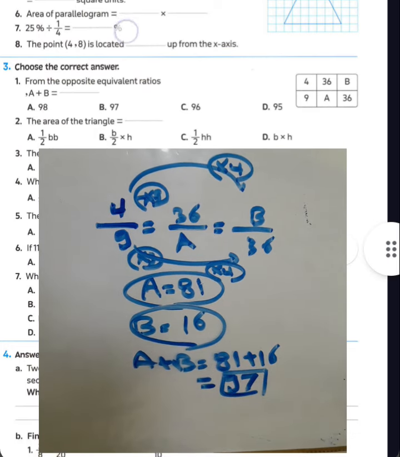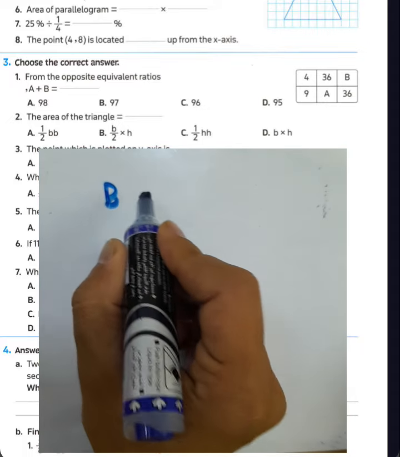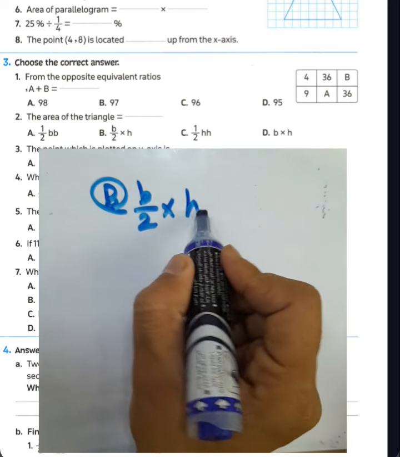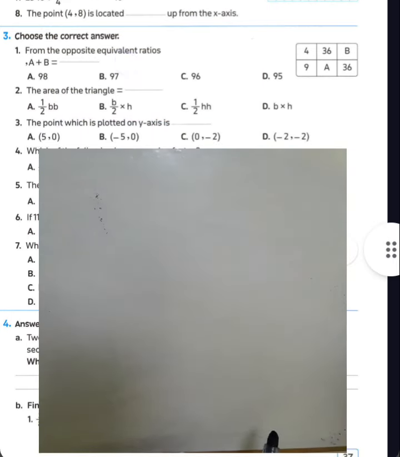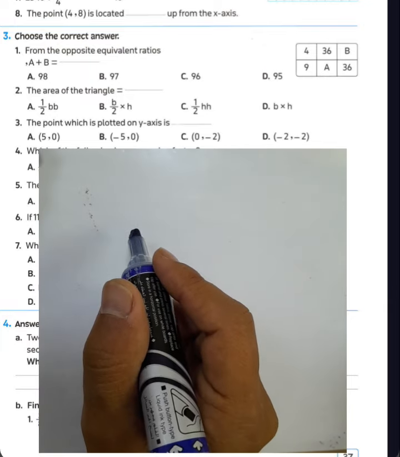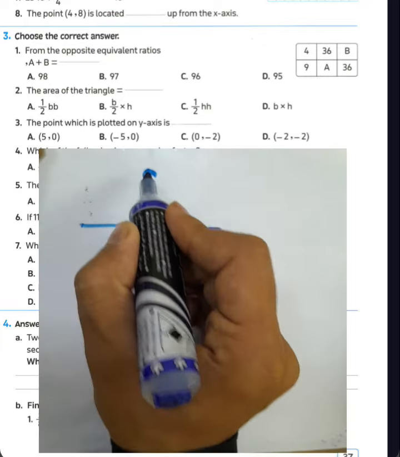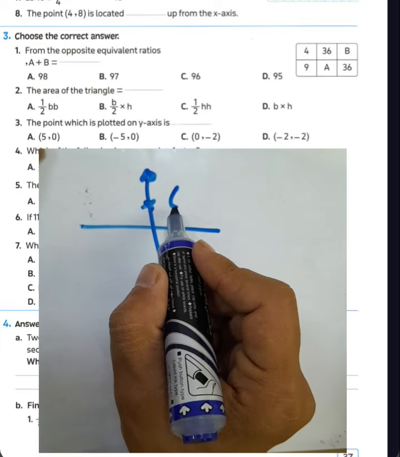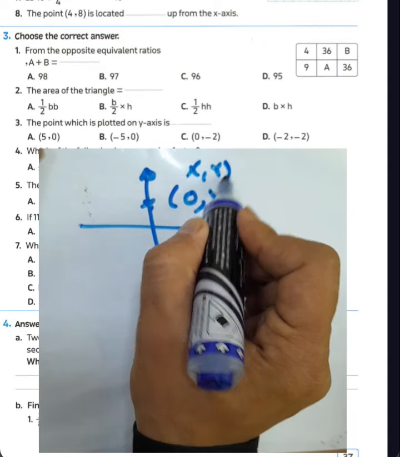Question number 2. The area of a triangle is half times base times height. Choose letter B: base divided by 2 times height. Question number 3. The point plotted on the y-axis. Any point located here or plotted on the y-axis will have 0 and y. The x-coordinate will be 0.